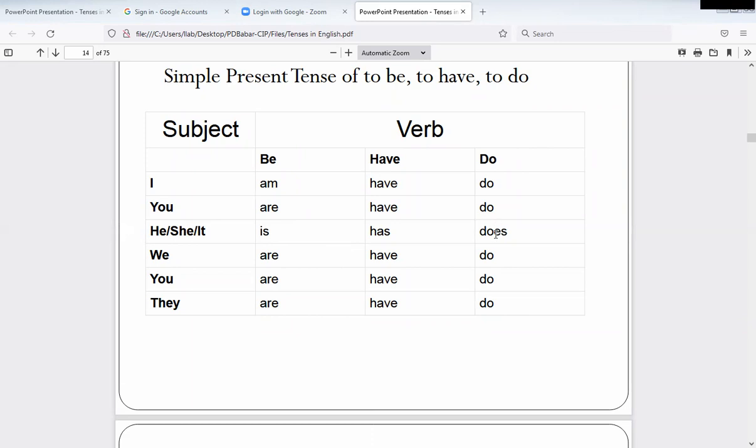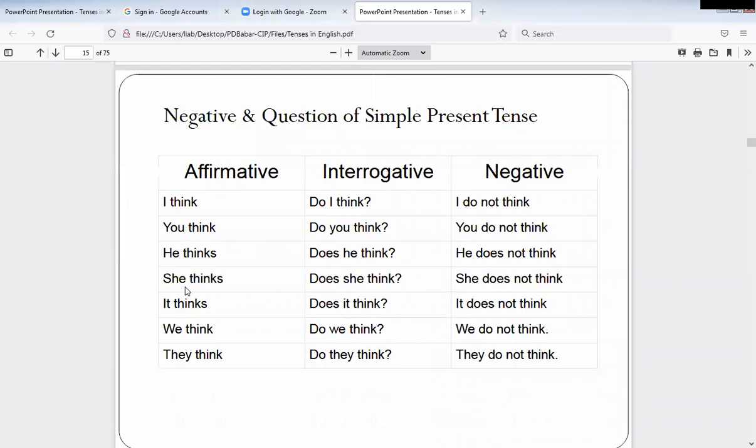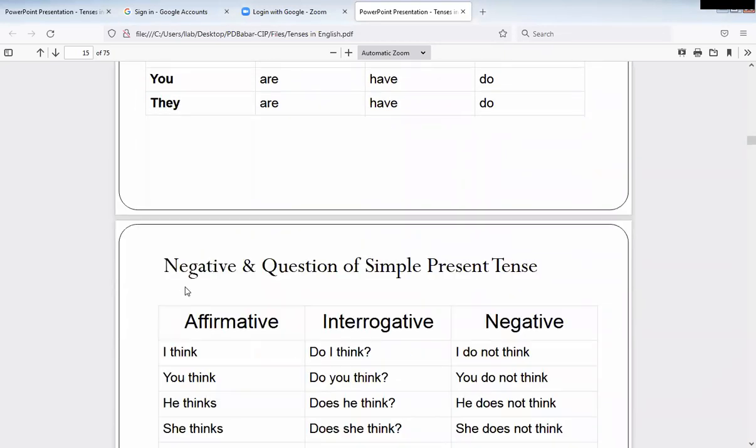He, she, it does. And we are, we have, we do. Then you are, you have, you do. These are the verbs or forms of verb we will use after the subject. Then they are, they have, they do. So this is about the simple present tense and verbs that we will use in the sentences.